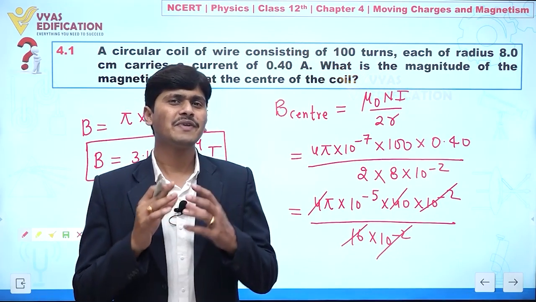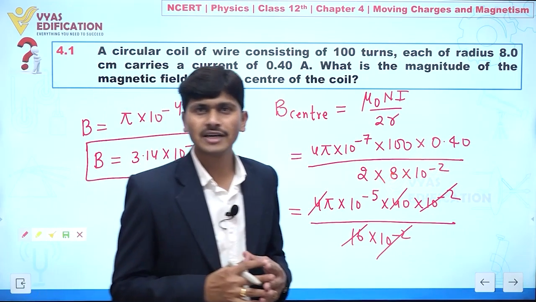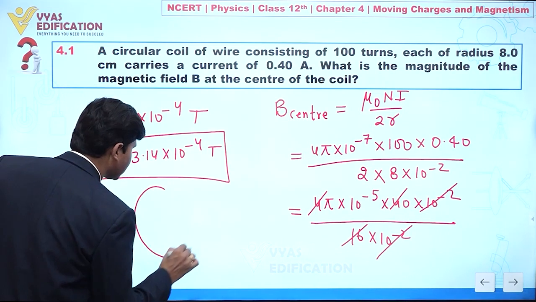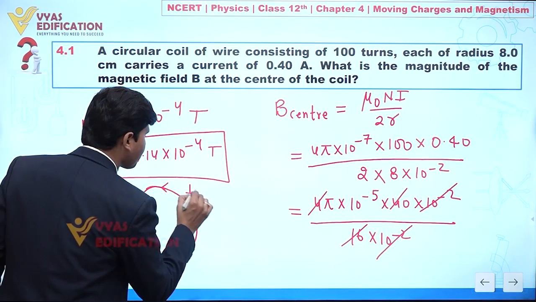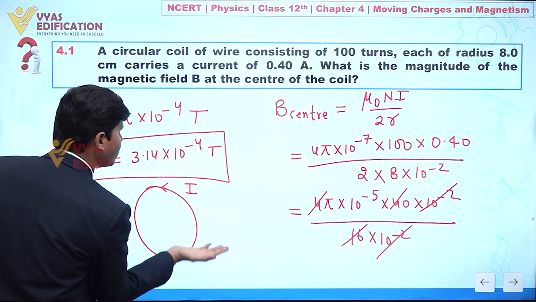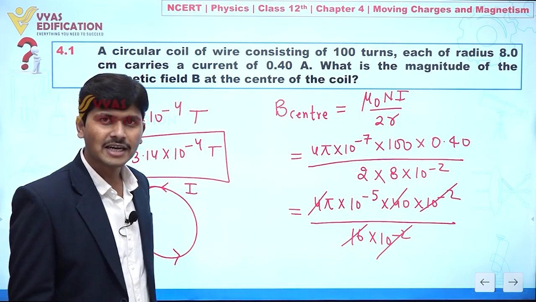Can we find the direction also? Because we know magnetic field is a vector quantity. Yes. Let's suppose this is a circular loop, and current is flowing in an anti-clockwise direction. At that time you can curl your fingers like this, then the thumb indicates the direction of magnetic field.